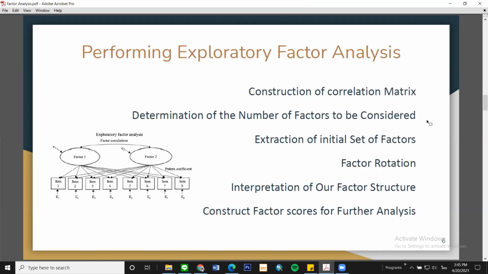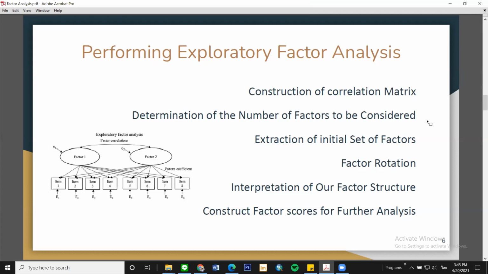The next step is extraction of the initial set of factors, using methods like maximum likelihood, principal components analysis, and principal axis extraction, which is a common factor analysis. After that, factor rotation.